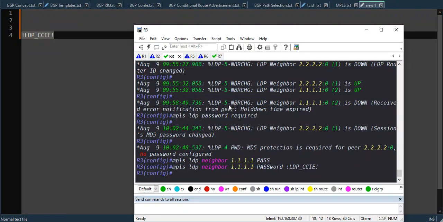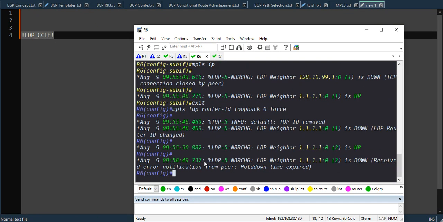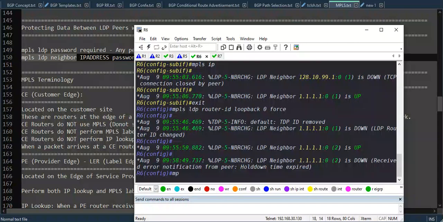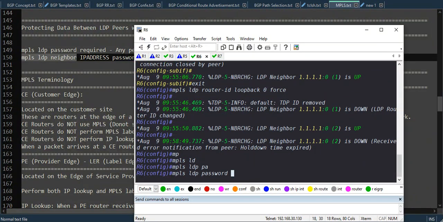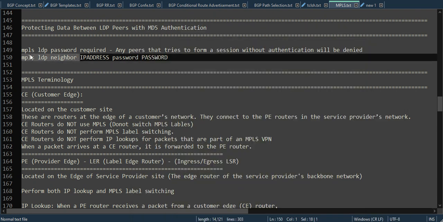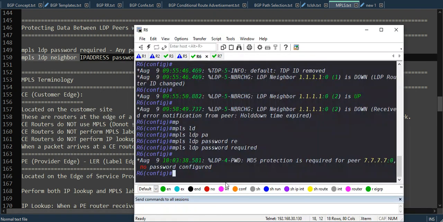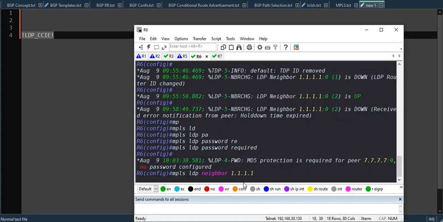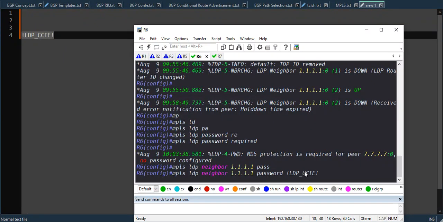And the other one is on R6. MPLS LDP password required, and MPLS LDP neighbor. Remote address is 1.1.1.1, and password is this one.